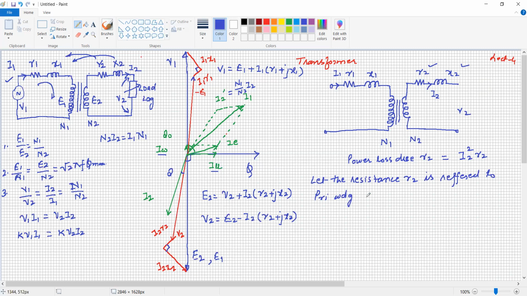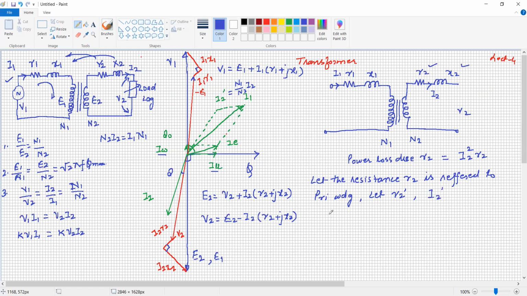R2 dash is the resistance when it is referred to the primary side. So what would be the current? Let the current be I2 dash.